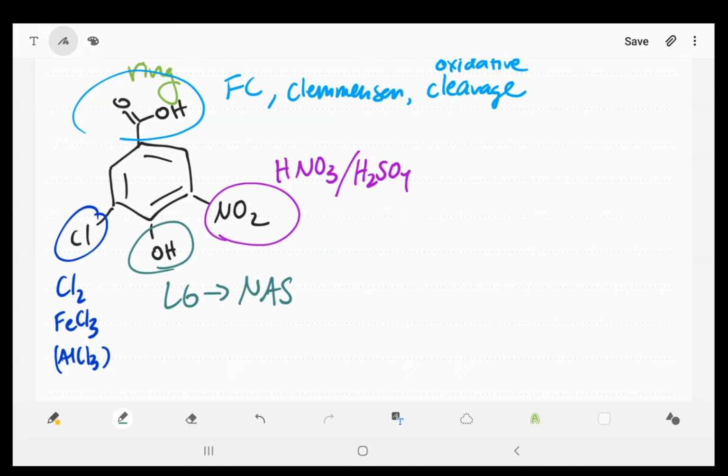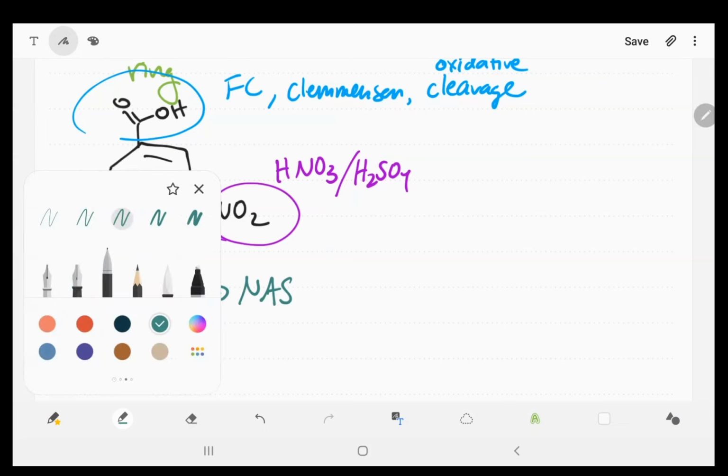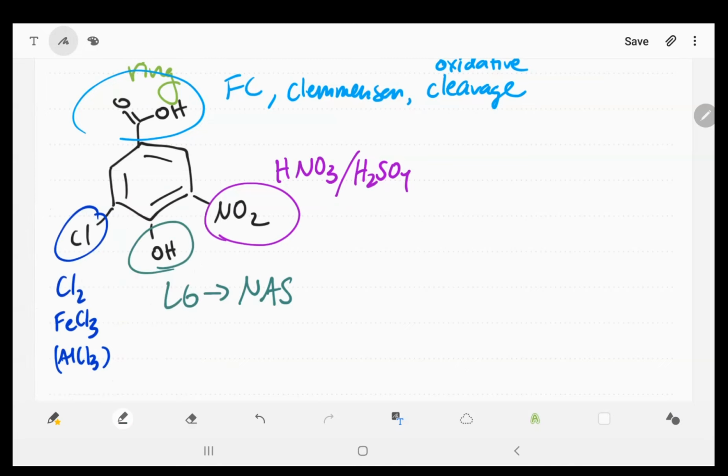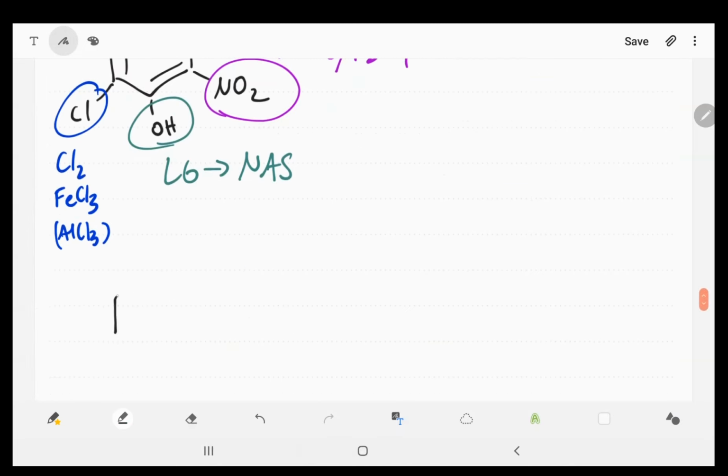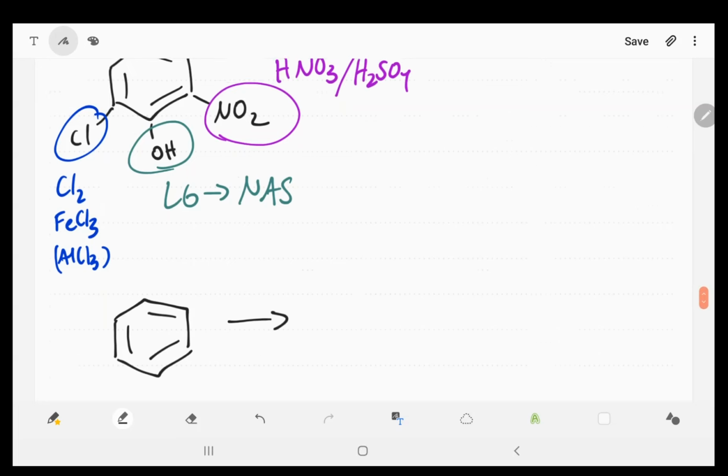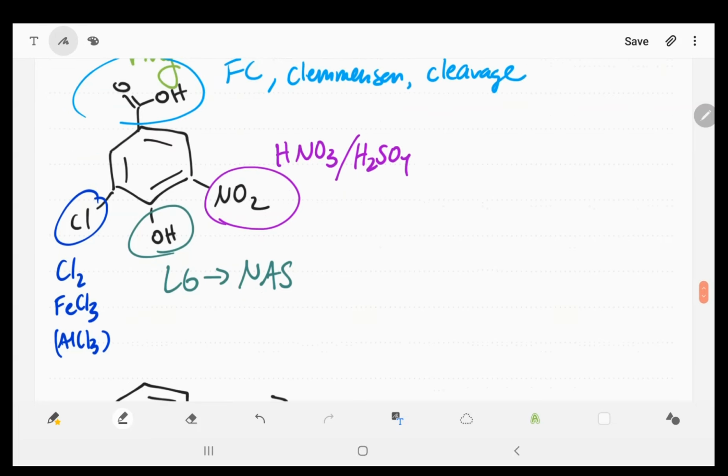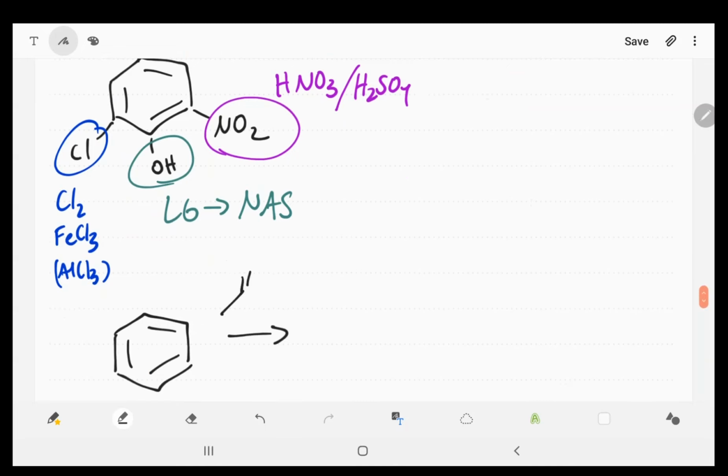All right, let's do it. So, probably a good place to start is, in general, some sort of activating group. So, if we take benzene, what would we like to put on it? Remember that for our Friedel-Crafts, we can use really any acyl chloride that we want. Let's just use acetyl chloride, who cares?